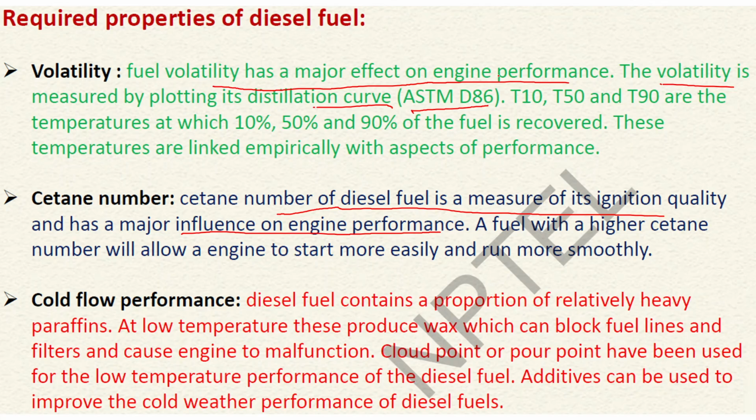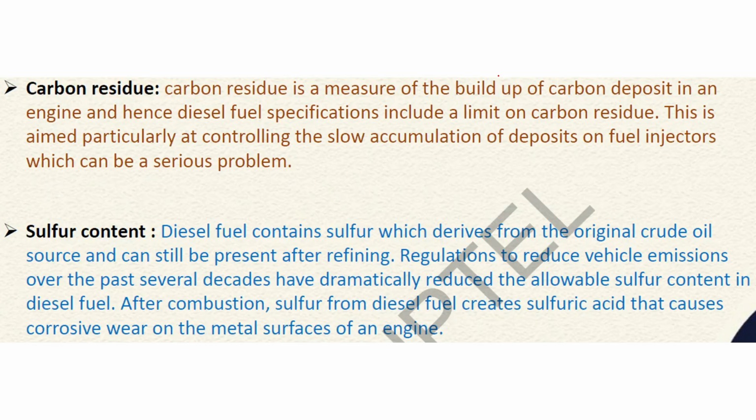So at low temperature, the wax content of this diesel fuel starts to freeze and form crystals, due to which the transport of this diesel fuel from a hotter region to a colder region becomes a problem. That's why sometimes pour point depressants are also used to further lower the pour point of the diesel fuel so that easy transportation of diesel fuel can take place.